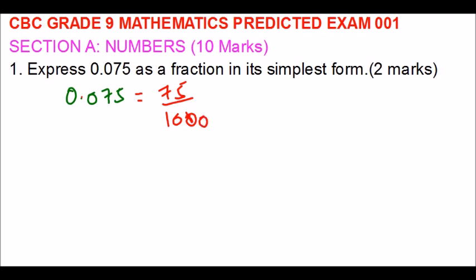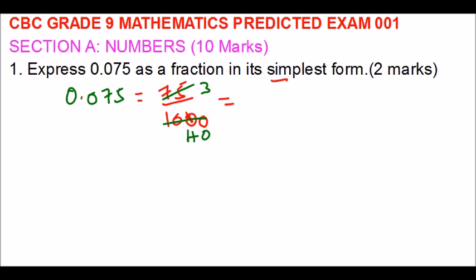And since we are told to leave it in its simplest form, we simplify here and we divide by 25. This will give you 3. You divide 1,000 by 25, you get 40. If you are not able to divide directly with 25, you can divide by 5.